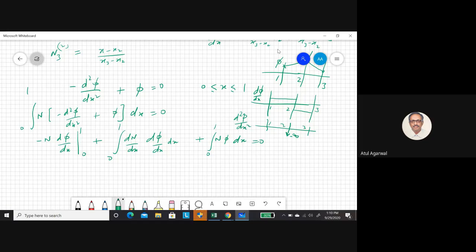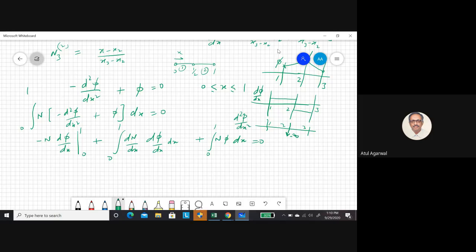So you see, integration by parts results in 2 terms here, and this term is as such. Now we have to integrate between, we have 2 elements, 3 nodes. The value of x in this element is from 0 to half.